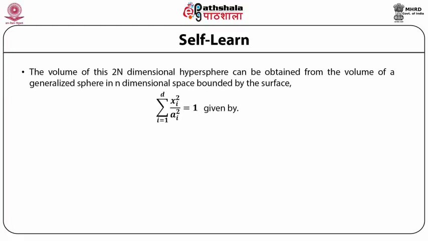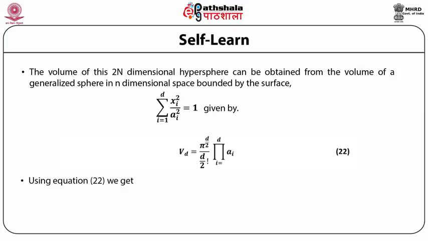The volume of this 2n dimensional hypersphere can be obtained from the volume of the generalized sphere in a d dimensional space bounded by the surface summation over i is equal to 1 to d of x_i square divided by a_i square is equal to 1, given by V_d is equal to pi raised to power d by 2 divided by d by 2 factorial multiplied by the product of a_i's, i taken from 1 to d.